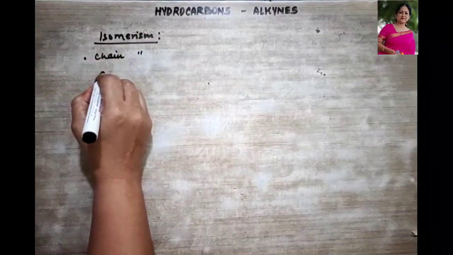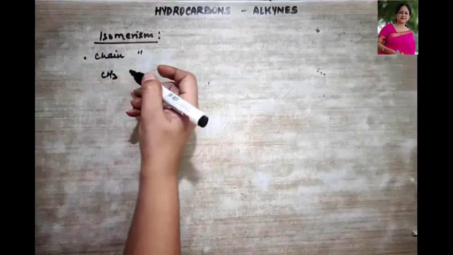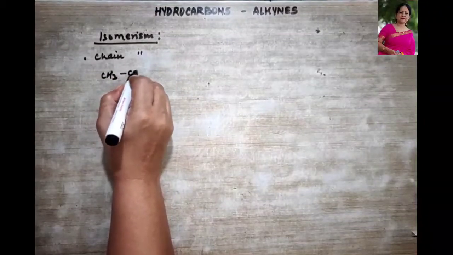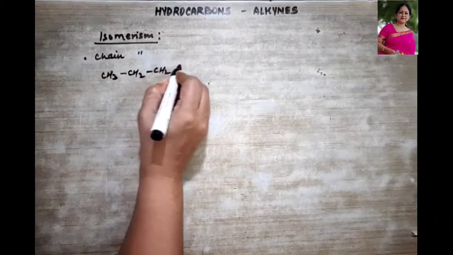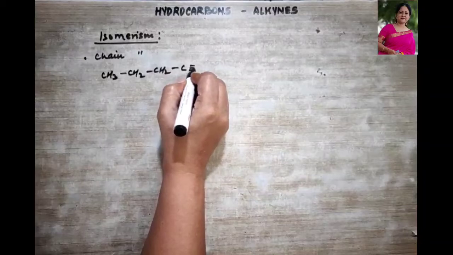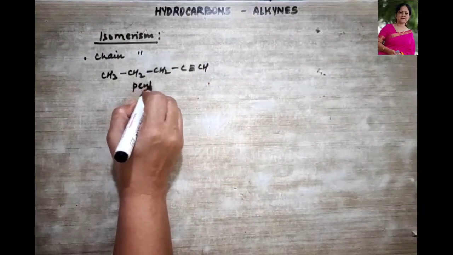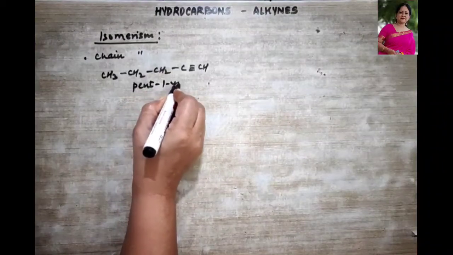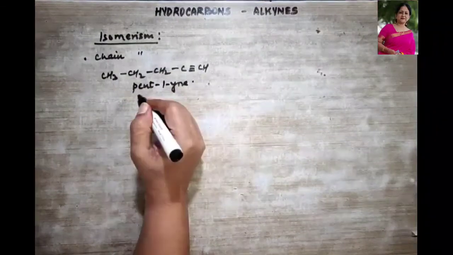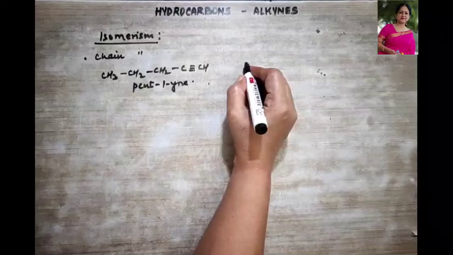So over here an example could be pent-1-yne, that is CH3 CH2 CH2 C triple bond CH. What is this? This is pent-1-yne, right?